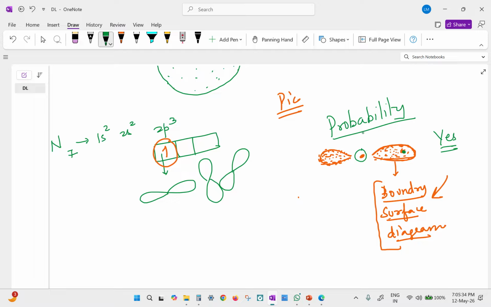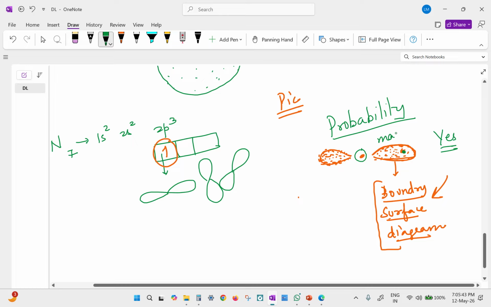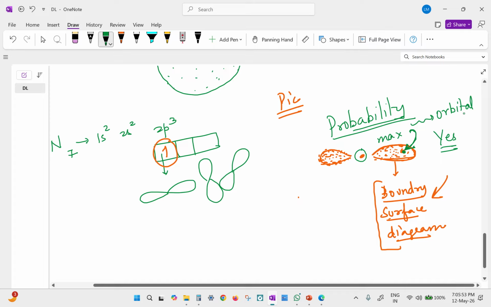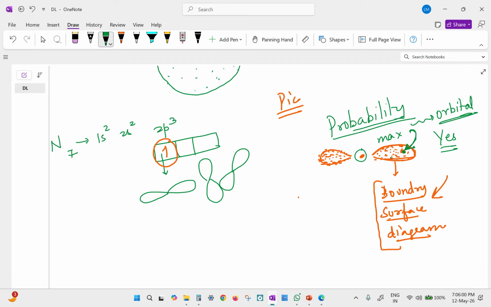We can say the probability of finding the electron is maximum in this region. The region around the nucleus where the probability of finding the electron is maximum is concluded to be orbital. Remember the word orbital? The ml values were telling us the orbitals. Is it clear?